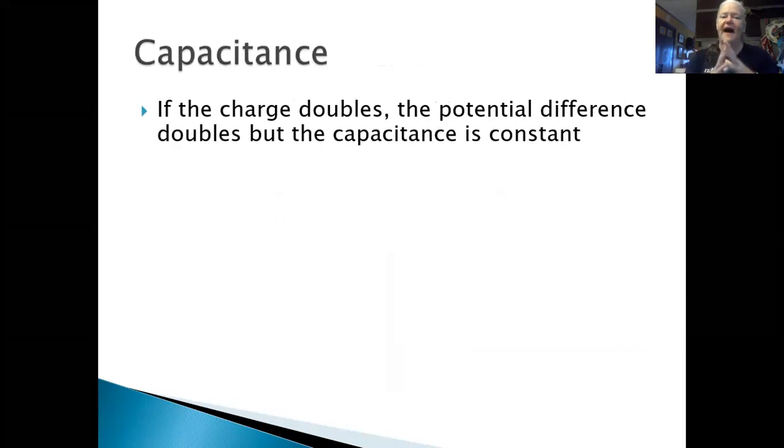If I add more charge, the potential difference will also increase proportionally. But when I build a capacitor, I build it to have a certain value of capacitance, and I can't change that unless I change the configuration of the capacitor. So if capacitance stays constant and charge changes, voltage has to change.